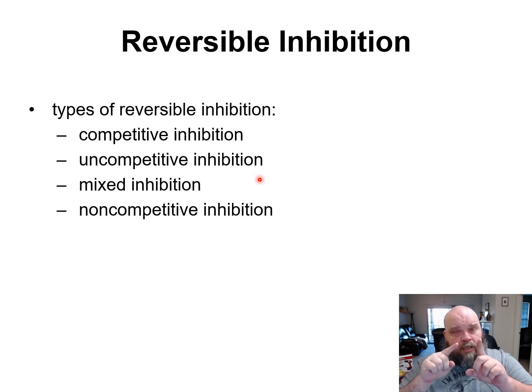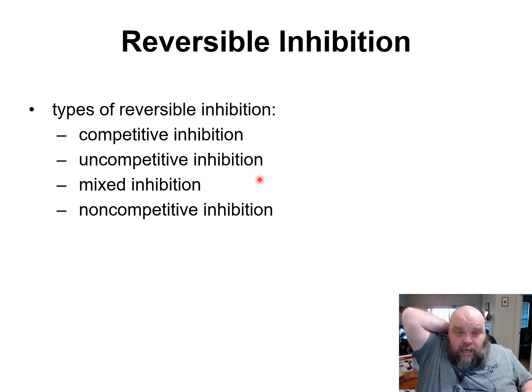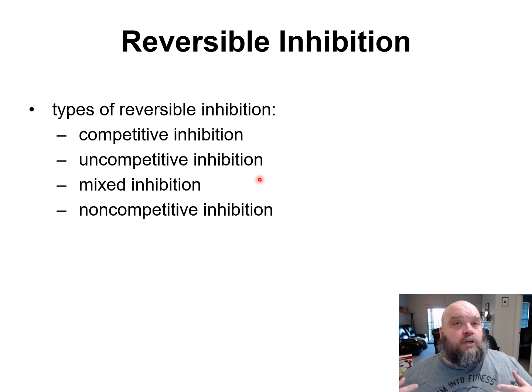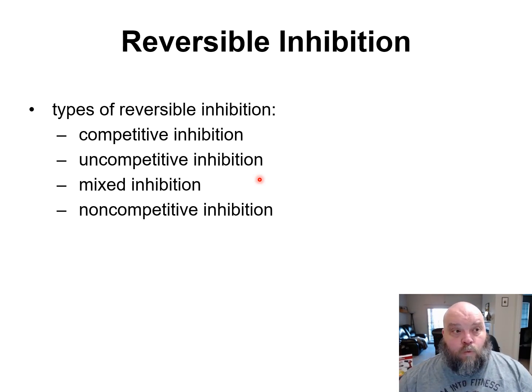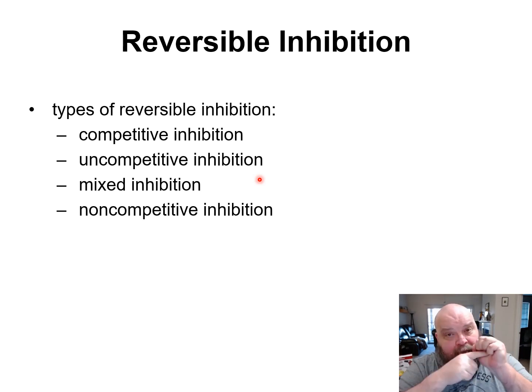Well, what if there is another organic molecule that can enter because it's got kind of the same shape, but it doesn't have the complete shape, so you're not going to have the R groups interacting, thus you're not going to have ES formation, that transition state. That can be a competitor. It's competing for the active site with the true substrate. Because if that competitor is in there, the true substrate can't get in.